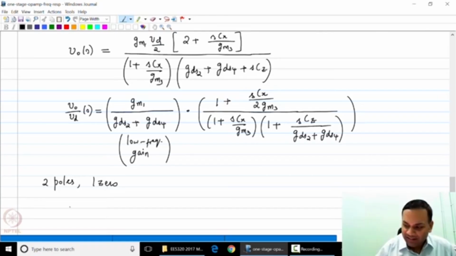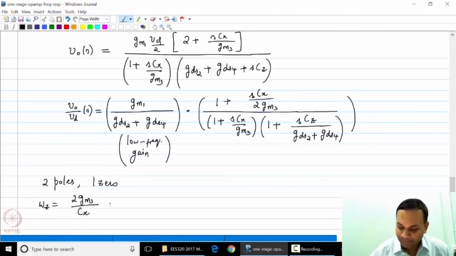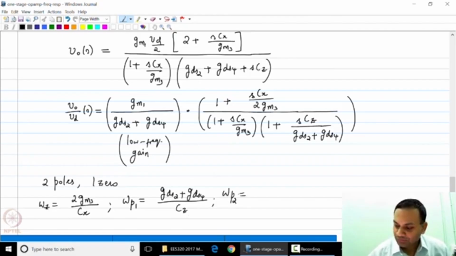And the second thing to realize is that the positions of the poles and zeros. So omega z is at 2 GM3 over Cx. The first pole omega p1 is at GDS2 plus GDS4 over Cz, and the second pole is at GM3 over Cx. Now let us see if these things make sense.